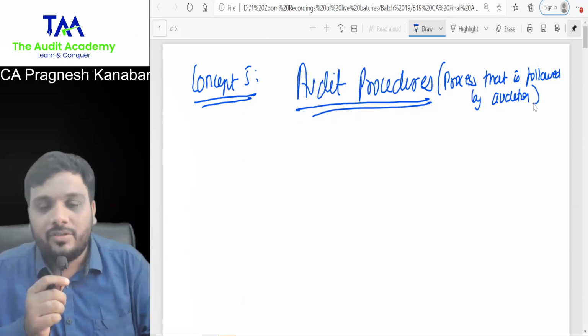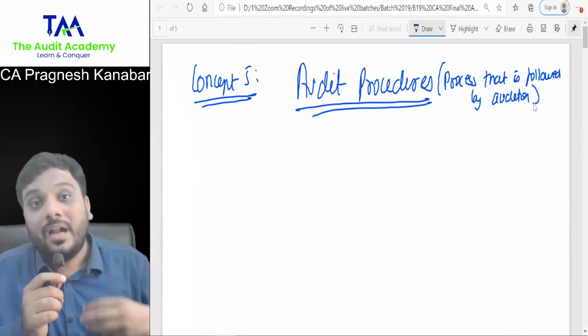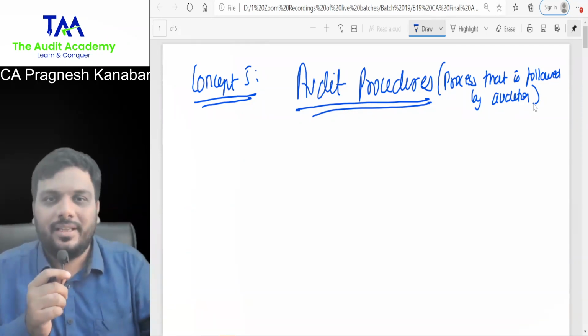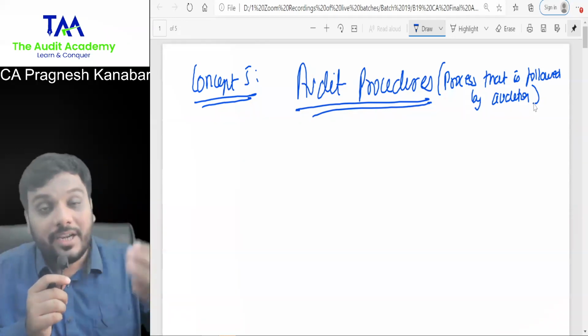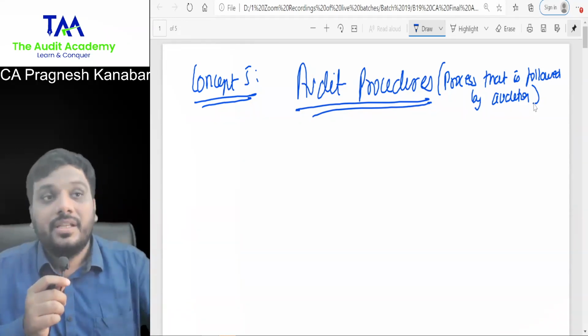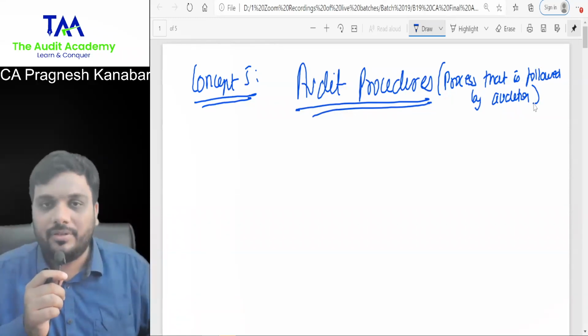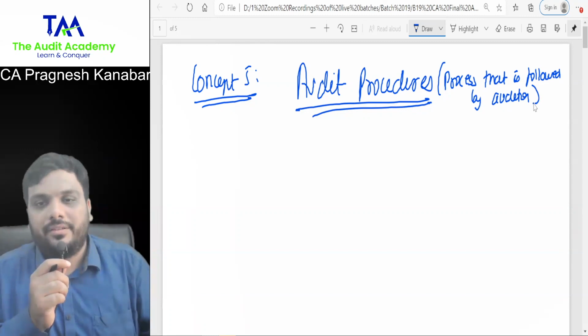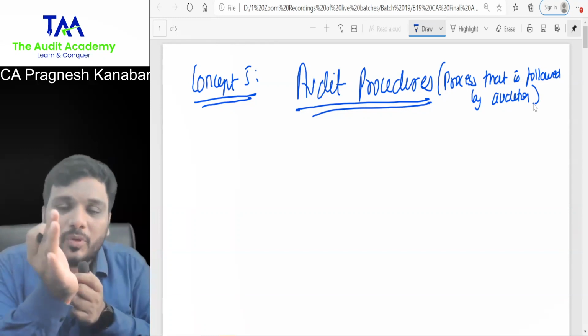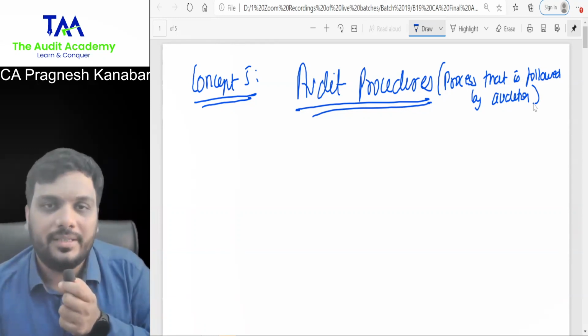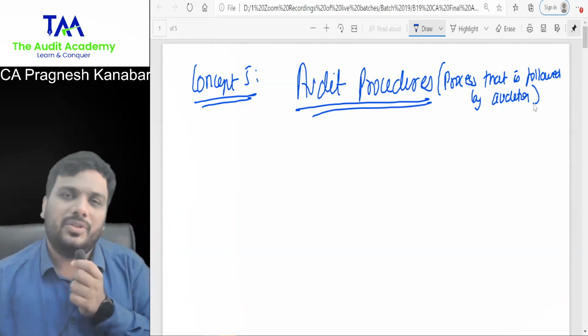So first, we need to obtain an understanding of their business. Then we need to obtain an understanding of their systems. Then we can understand what can go wrong, how much can go wrong, where there could be error, where there could be fraud. After that, we can go ahead. All right. So the very first procedure that the auditor needs to perform is the risk assessment procedure.